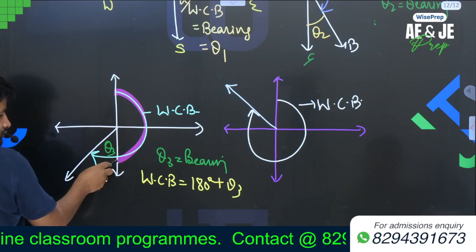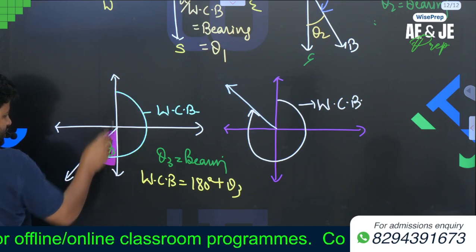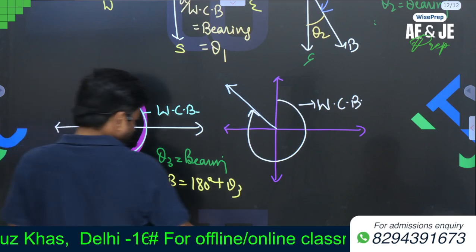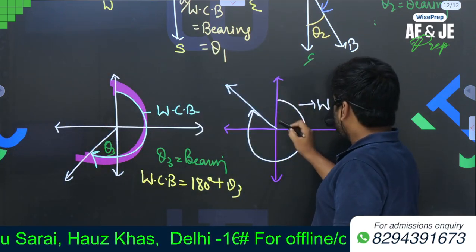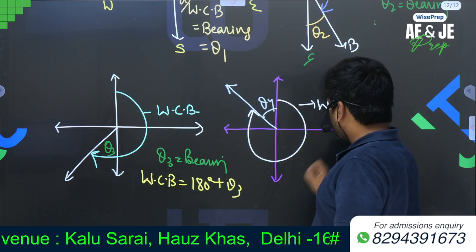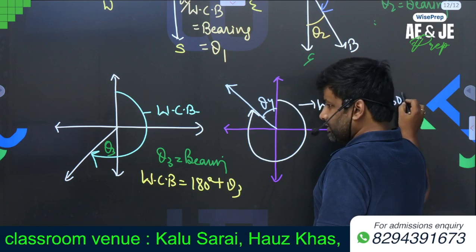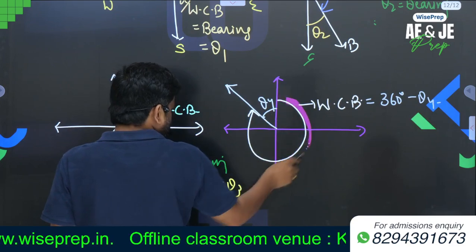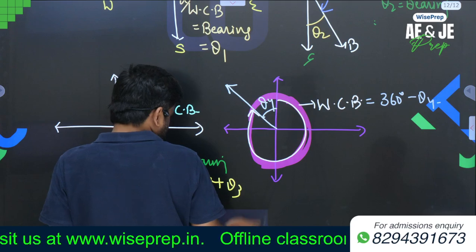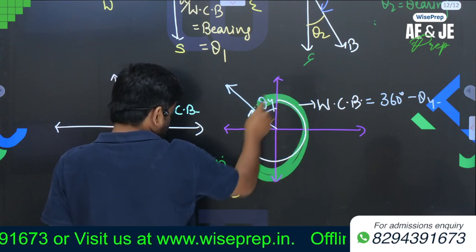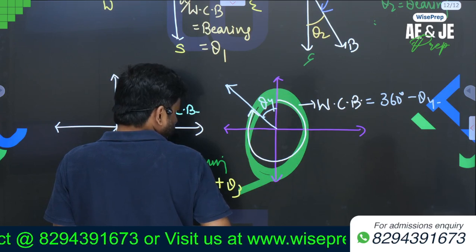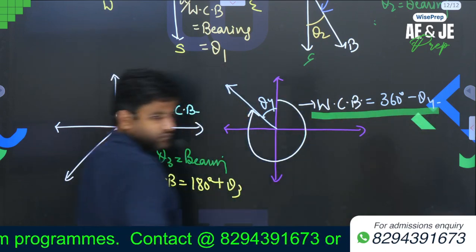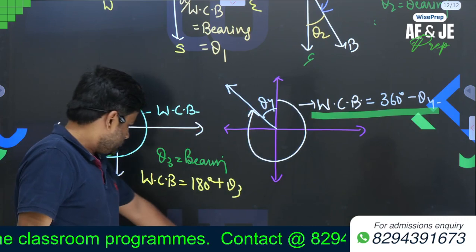This is 180, and this angle adds theta 3, so this will be 180 plus theta 3. Similarly, this is theta 4, so that's equal to 360 degrees minus theta 4. Getting my points?